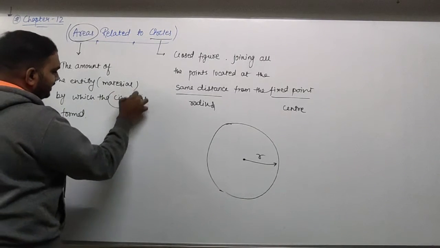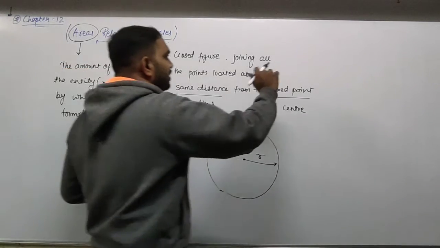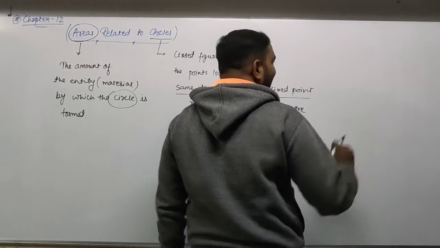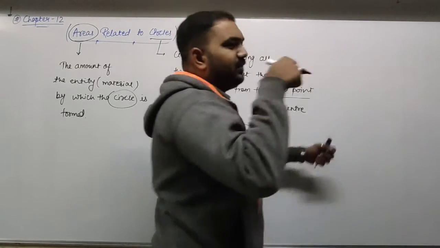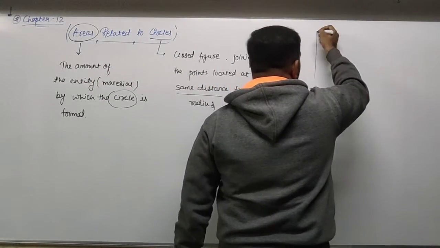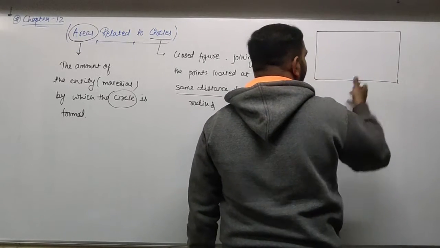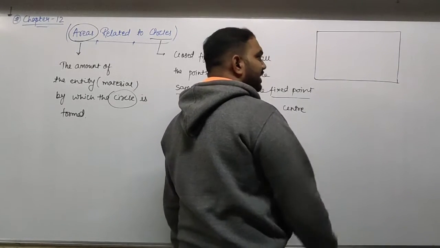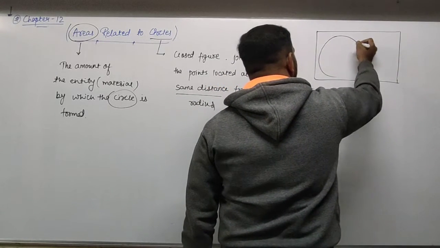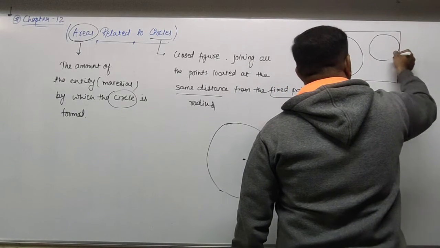Here we talked about the circle, so I have written circle here: by which the circle is formed. Suppose we want to make a circle. We take a paper, it will be a rectangular shaped paper, a rectangular sheet, like this, right? Now with the help of this rectangular paper sheet I need to cut out two circular sheets, or let us say three circular sheets like this.